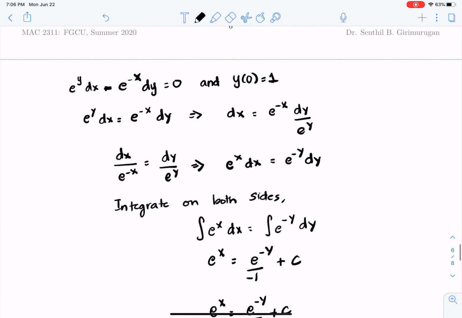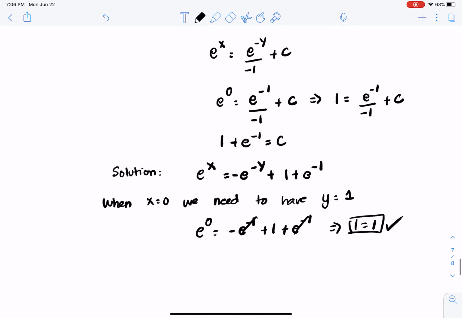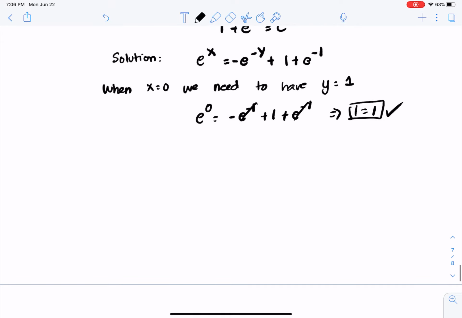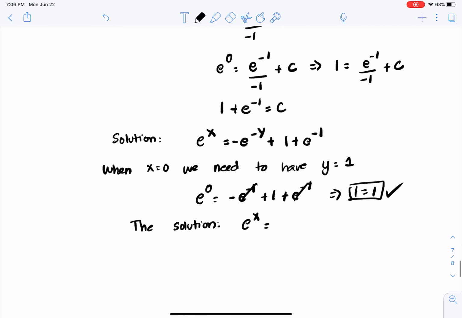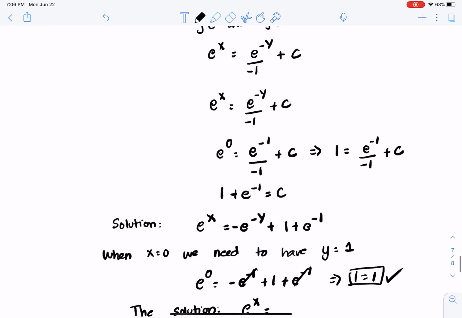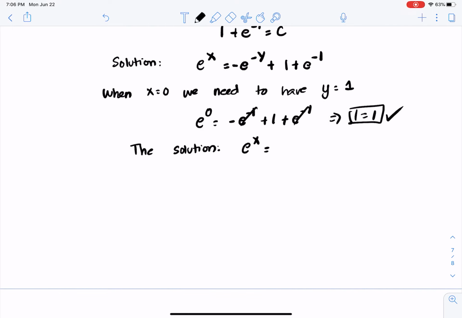And what is the existence interval? If you look at the equation, or the solution without the constant was e raised x equals, and we could plug in almost any value for y.